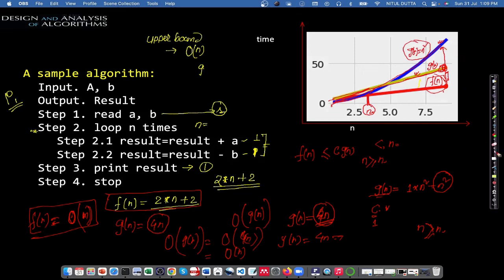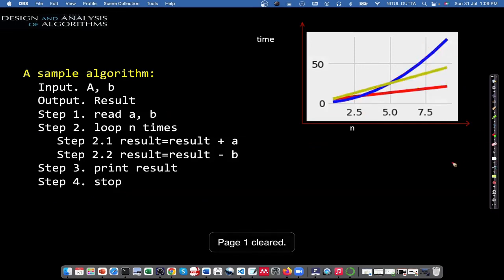Moreover, there are some tips to find that function. We have f(n) equals twice n plus 2. We need to find a function such that twice n plus 2 is less than or equal to it.